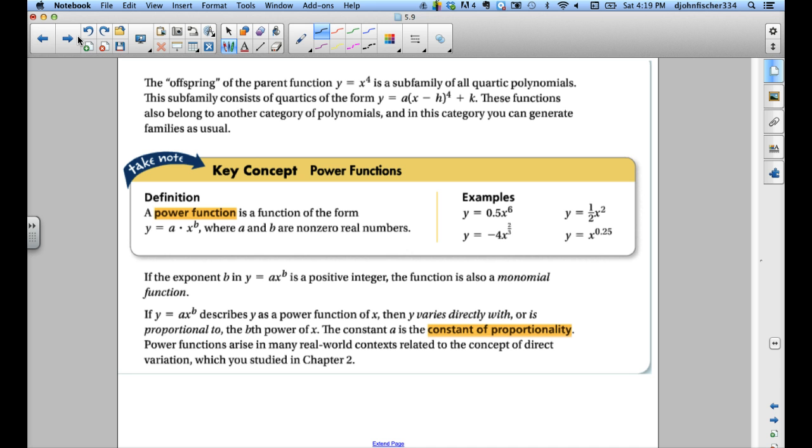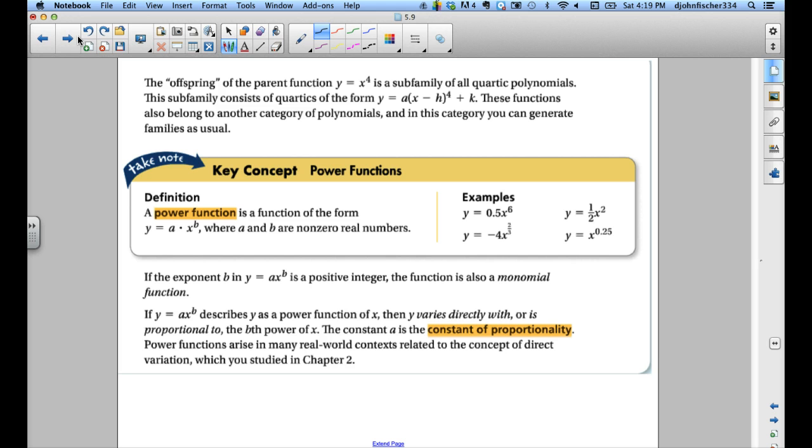Now, the offspring of a parent function is a subfamily of all quartic polynomials. This consists of quartics of the form y equals a times x minus h to the 4th plus k. Okay, a power function is a function in the form a times x to some power b, where a and b are non-zero.